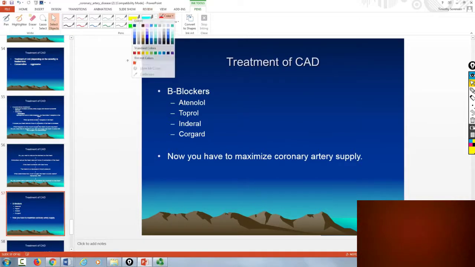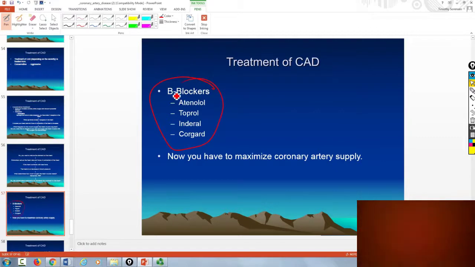So number one, first and foremost, are beta blockers. Beta blockers, and if you say block beta, that ain't right. Beta blockers block beta receptors in your heart, and specifically beta 1 receptors.